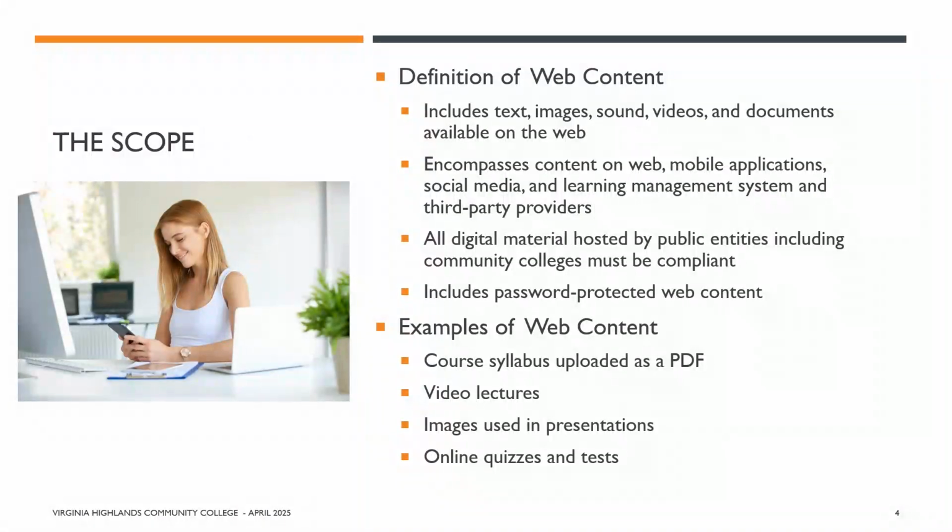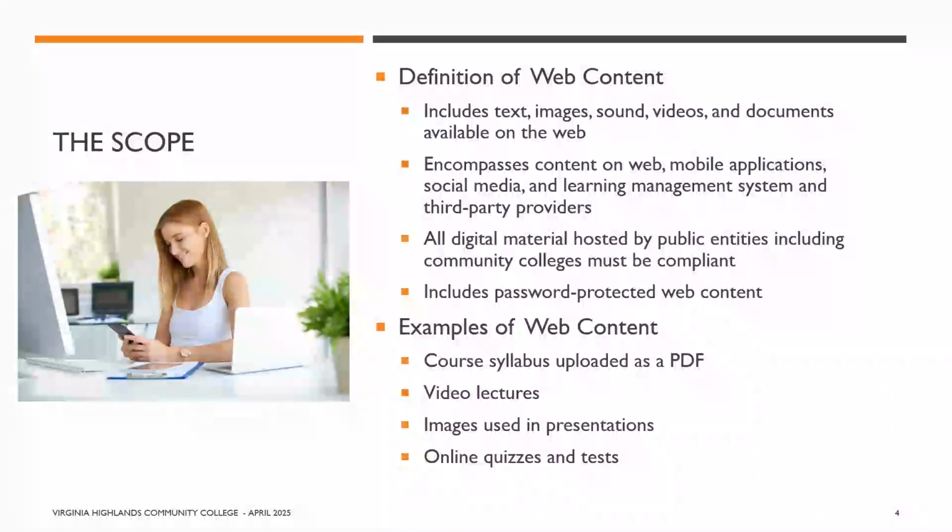The scope of these accessibility requirements is quite broad. When we talk about web content and mobile apps, we mean virtually any digital material you provide to students online. This includes everything from the text and images within your course pages to any documents you upload and videos you create or share.